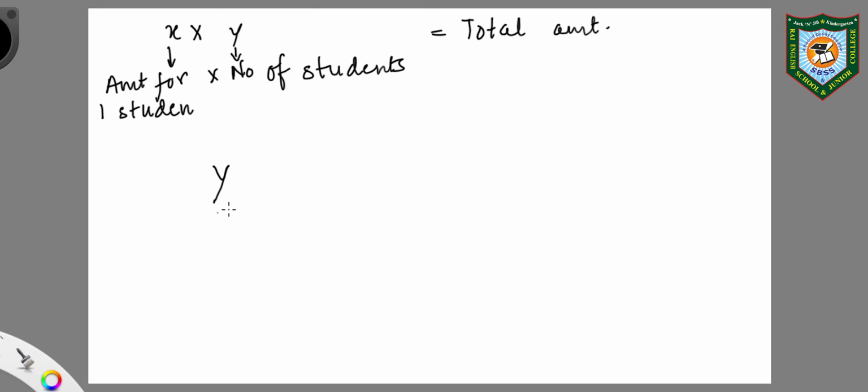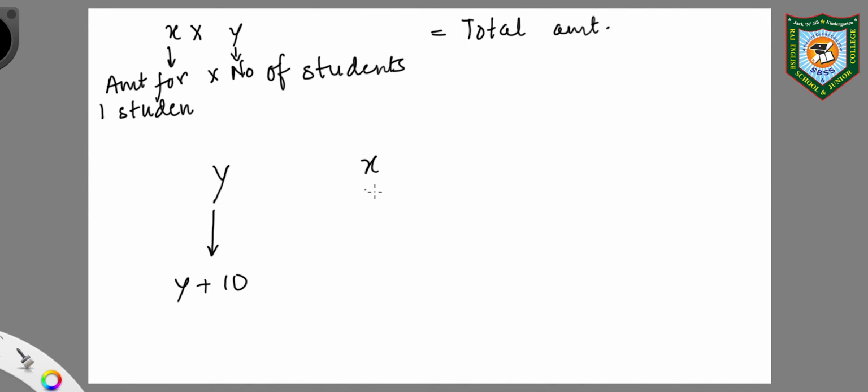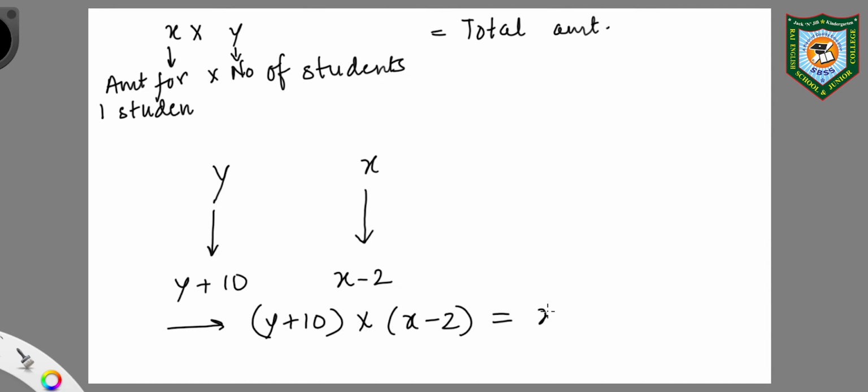So my number goes from y to y plus 10, and my amount per student goes from x to rupees 2 less. That means now my new amount in this case is x minus 2. But remember, the total amount has not changed. Therefore, y plus 10 into x minus 2 is still equal to xy, which is my total amount.